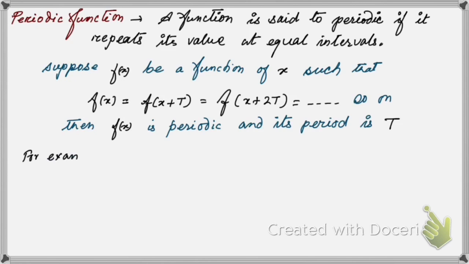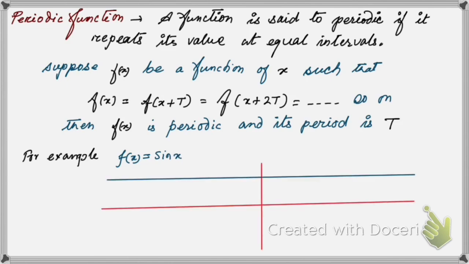Now, for example, let me take the example of the sine function. If you see the graph of the sine function, at 0 the value of sine is 0. Let me draw it properly. These are the angles.